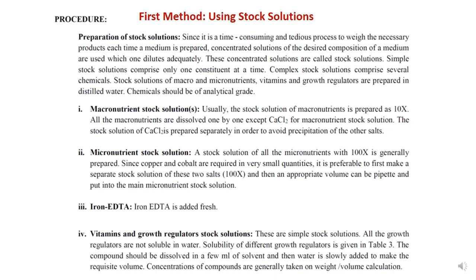So using this macronutrient stock solution and micronutrient stock solution, we can take the required amount of macronutrients and micronutrients according to the volume of tissue culture media which we are using. Then generally the iron source, that is iron EDTA, is added fresh, and vitamin stocks we can prepare and keep, and we can add them in the media whenever we are making media.